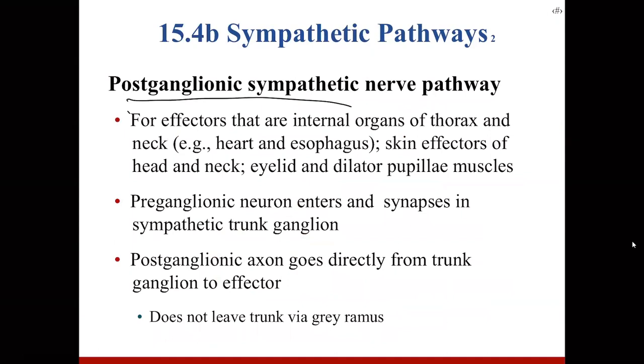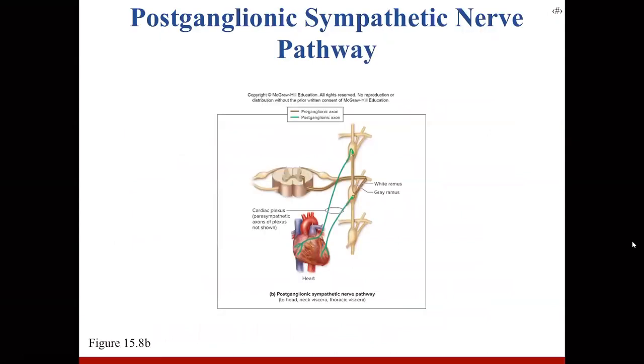Okay, then the post-ganglionic sympathetic nerve pathway, okay, it's going to go out. It goes out the spinal nerve, and then the spinal nerve goes straight to where it's going to cause a change to occur. Okay, but it's synapsing here.